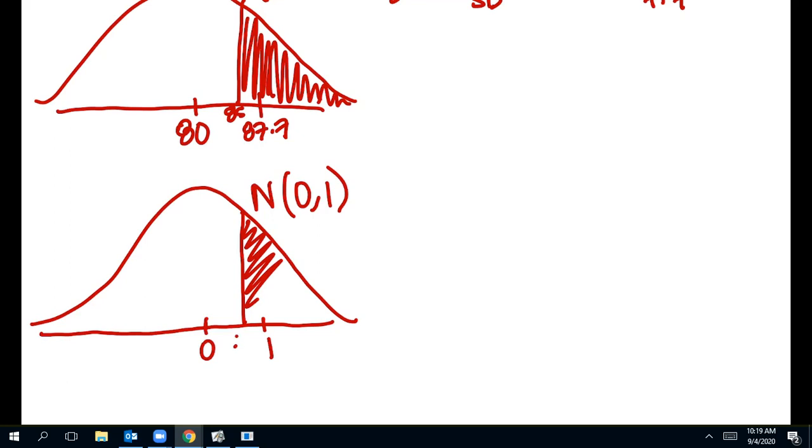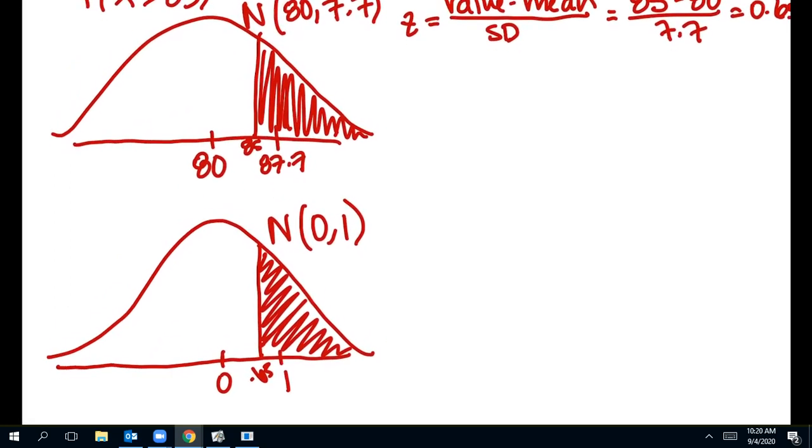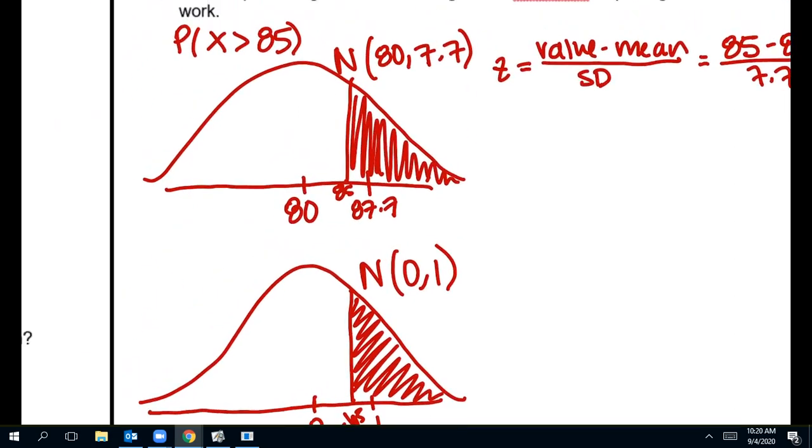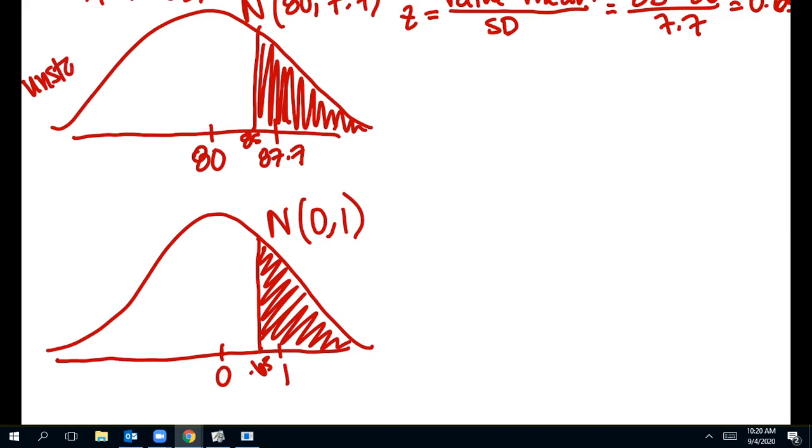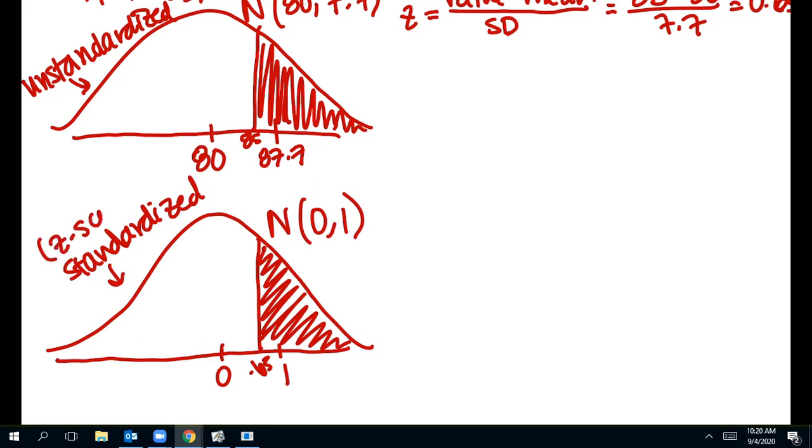So I'm going to label those. So this should look about the same. I'm going to label this as unstandardized. Remember, everything I write down, you write down. And then this one is standardized. And I always want you to draw both for now. And these are z-scores.